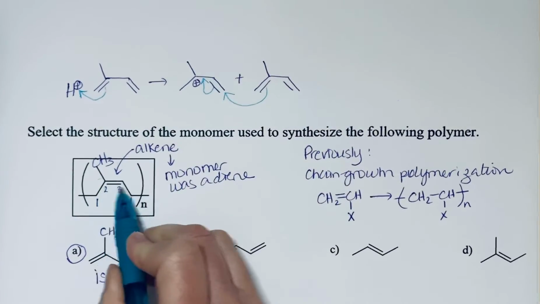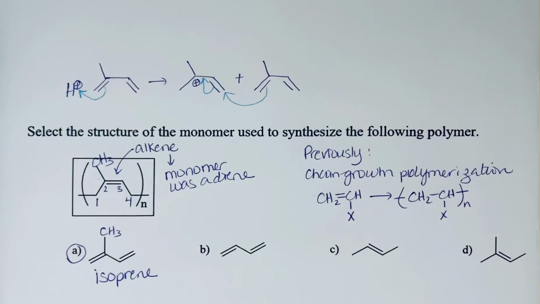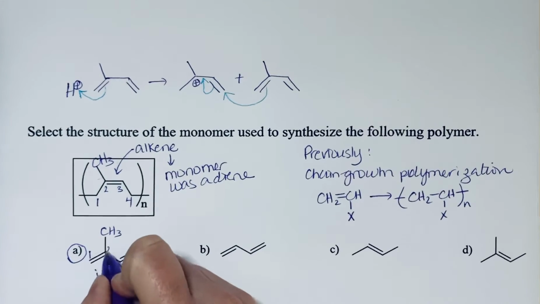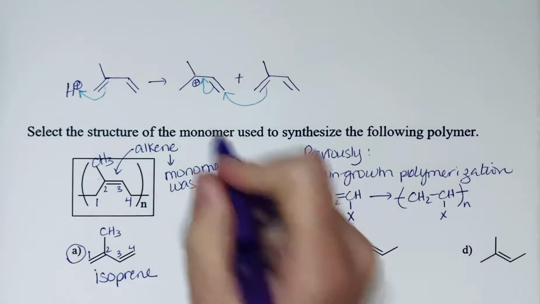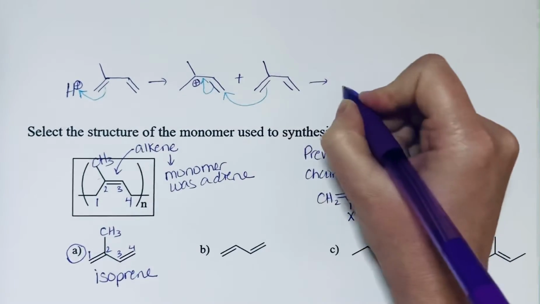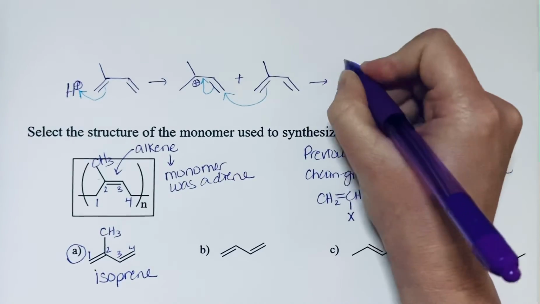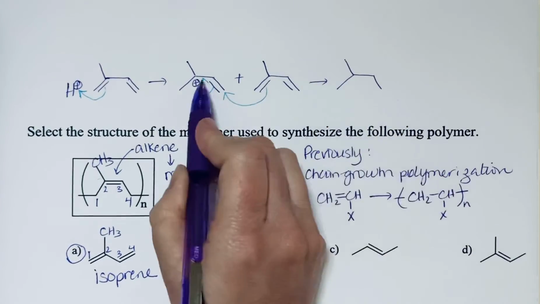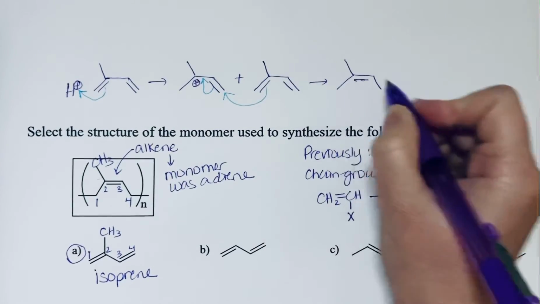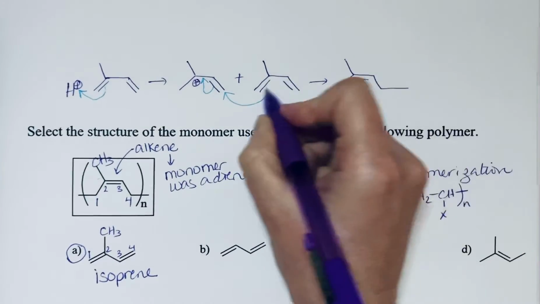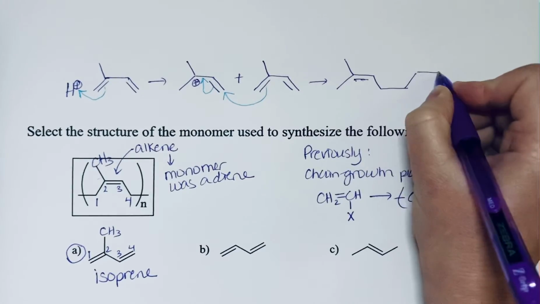So that's how we end up with our alkene between carbons 2 and 3, when initially you had the dienes on the ends and there was just a single bond between carbons 2 and 3. So then we can draw the product of this step. So there's our first isoprene unit, and we now have an alkene here. We can draw our new bond and then the other isoprene unit.